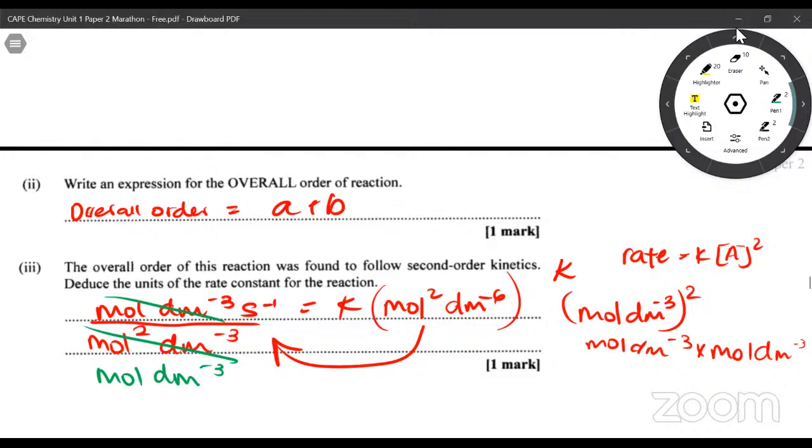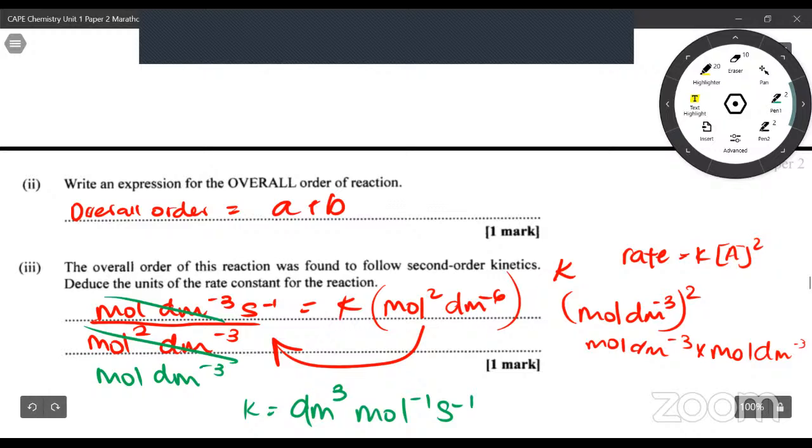So you would end up writing the units for K being equal to dm cube per mole per second. Let's write dm first, it doesn't really matter. It's really what you're more comfortable with. So you could write dm cube per mole per second, or per mole dm cube per second. Any order you write it in, it's correct. So yeah, all right.